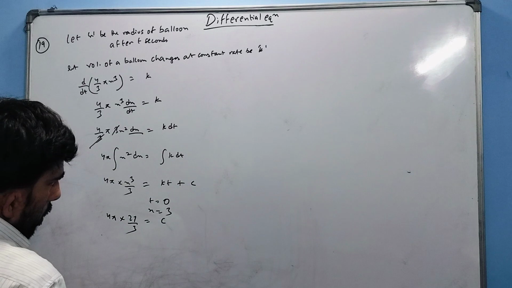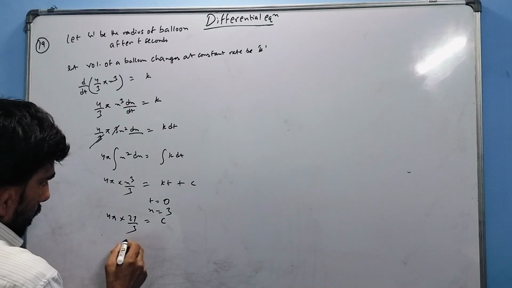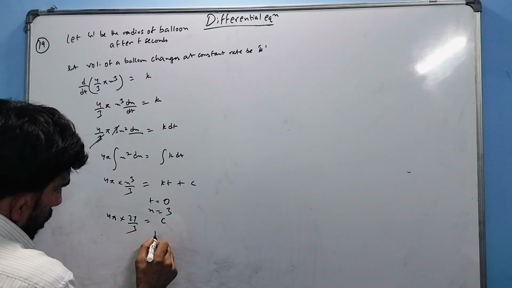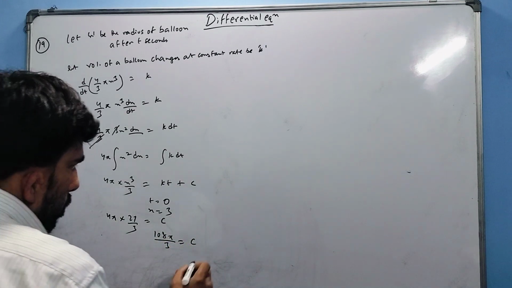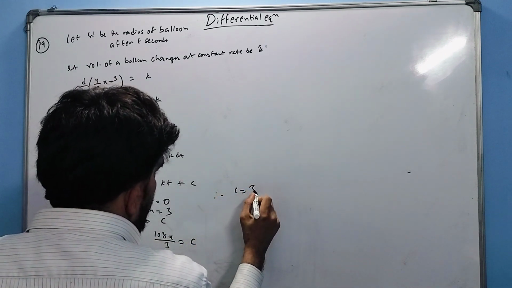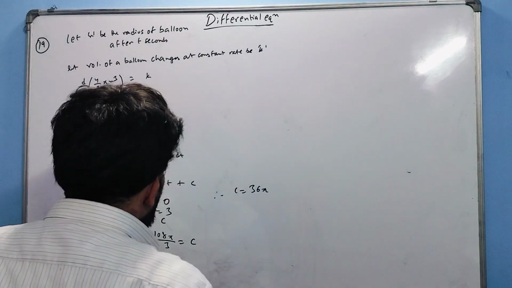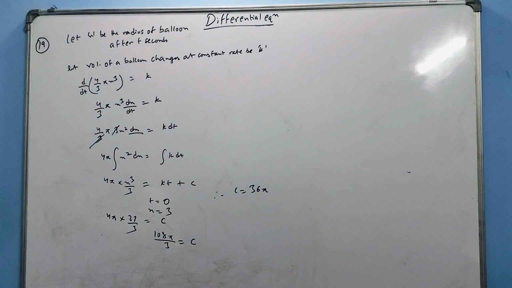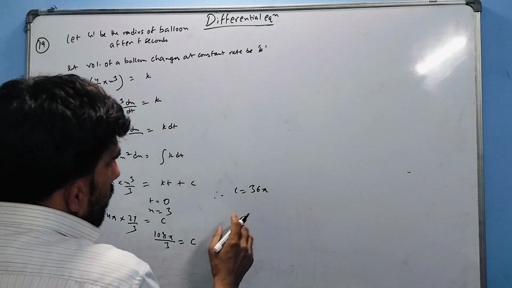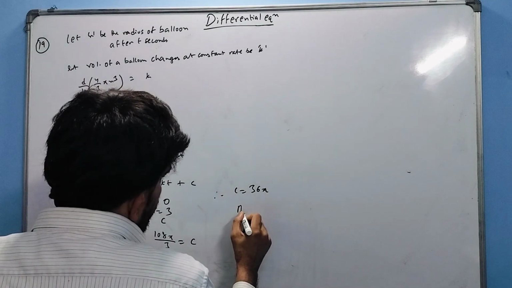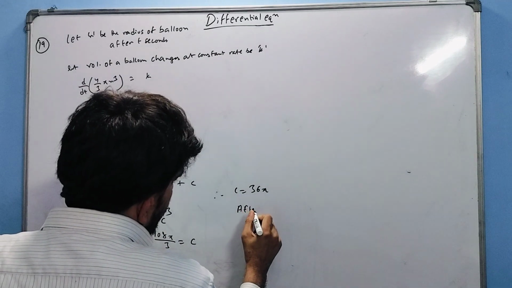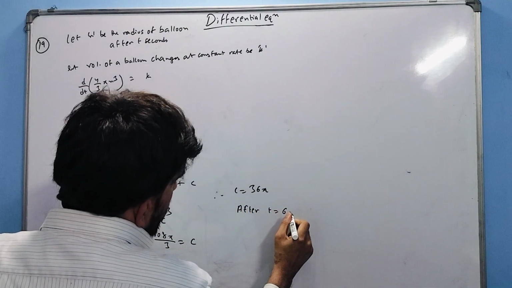So now I got 108 pi upon 3 is equal to c. So therefore c is equal to 36 pi. Now after some time, that is after t is equal to 6 seconds, they are saying x becomes 3.